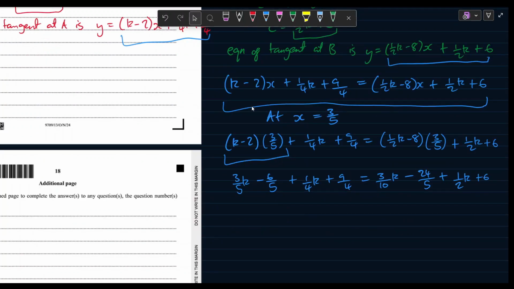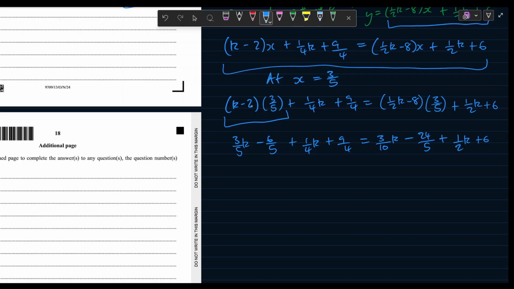All right, let's simplify like terms. Here I see 3 over 5 k plus 1/4 k, so that's 3 over 5 plus 1 over 4, which gives us 17 over 20 k. Then here we've got -6 over 5 plus 9 over 4, which gives us 21 over 20.